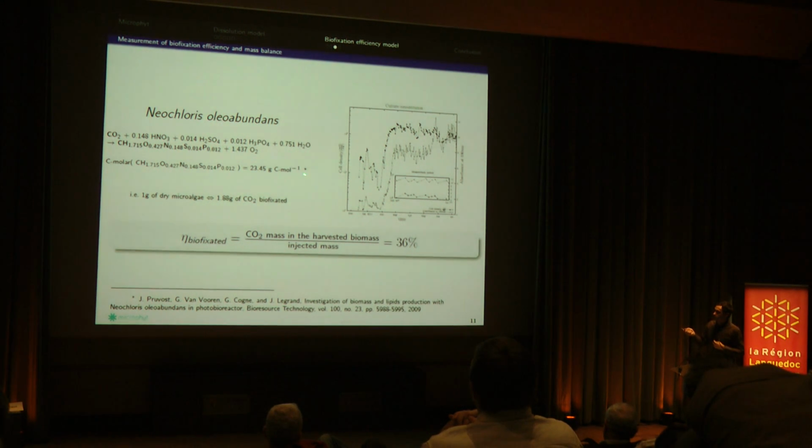From this molar mass, it is possible to estimate how much CO2 is contained within the microalgae. So by weighing the produced dry weight of the microalgae, we have how much CO2 is contained, and dividing it by the injected mass that is measured by weighing the CO2 bottles between the start of the process and the end of the process.